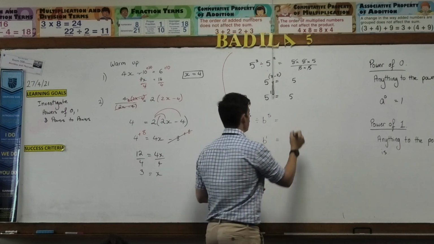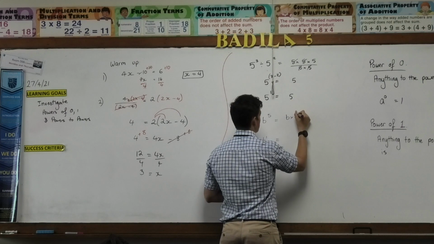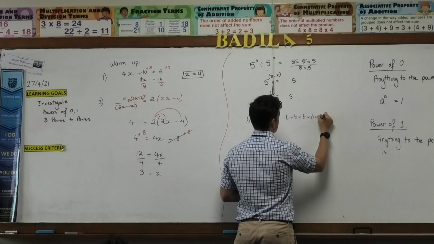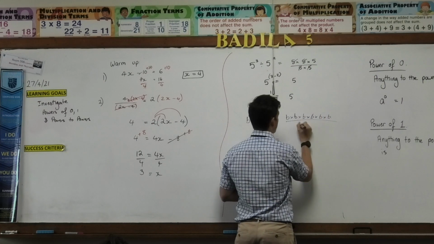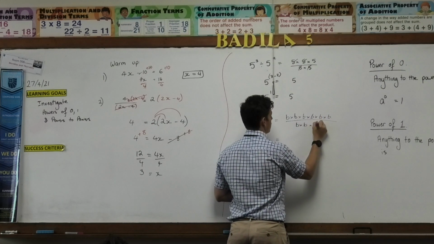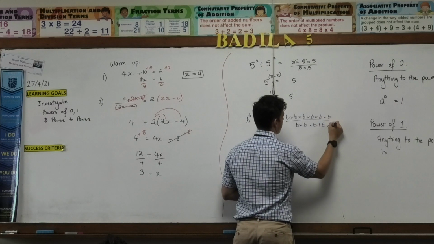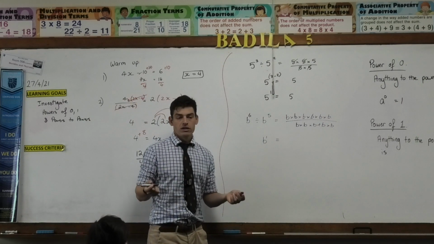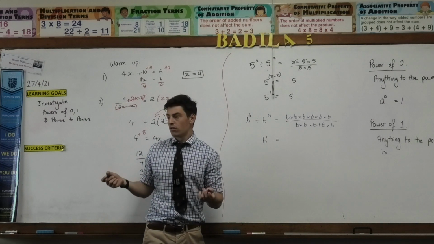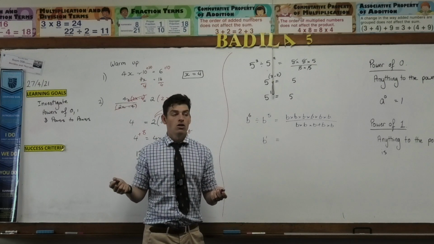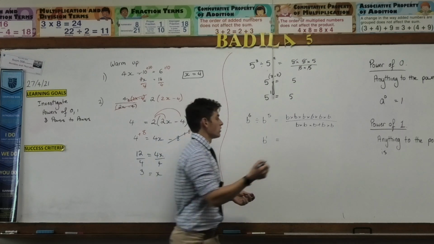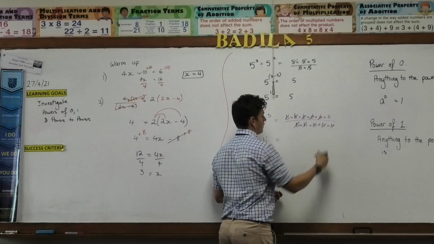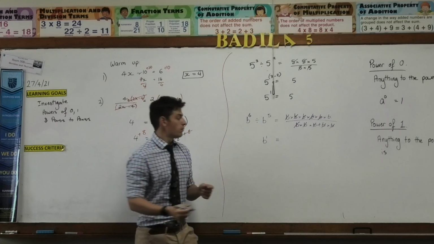So that would equal B times B times B times B times B times B divided by B times B times B times B times B. What's going to happen with almost all of those B's? Cancel. What are we going to be left with? One on the top. I'm left with B.